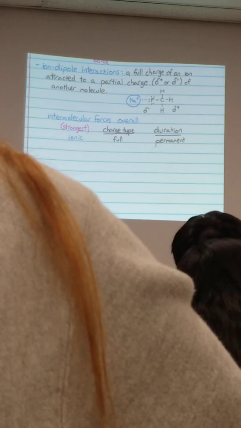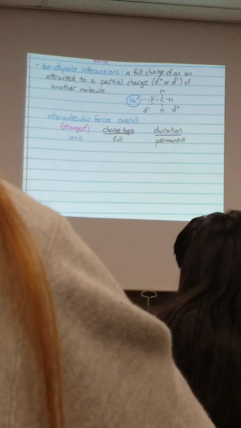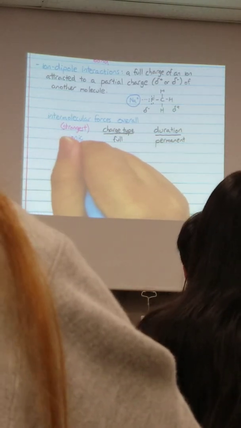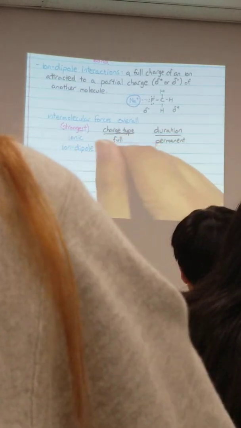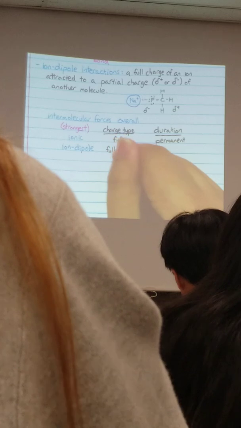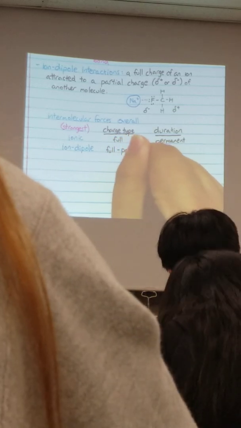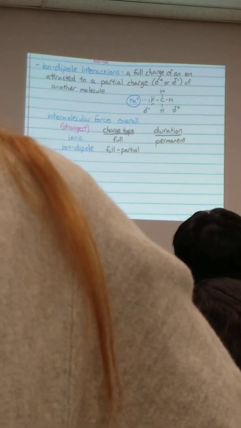Okay. Now, after ionic, we have ion dipole. That's the next rank. Okay. So here, in terms of the charge type, rather than completely full, we have full with partial, right? Because we have full charge with the delta.